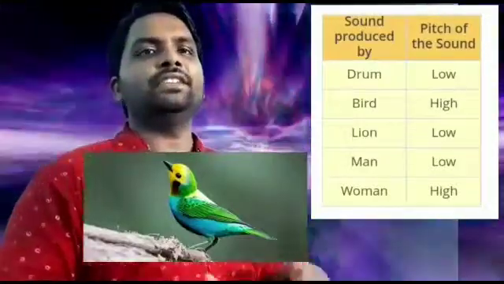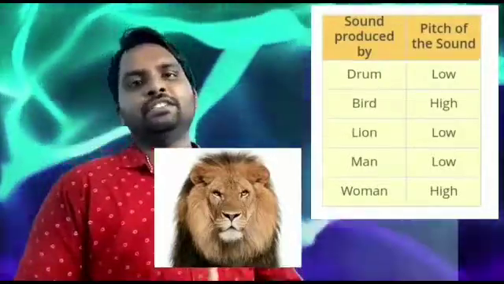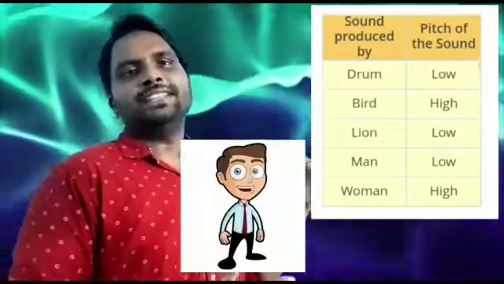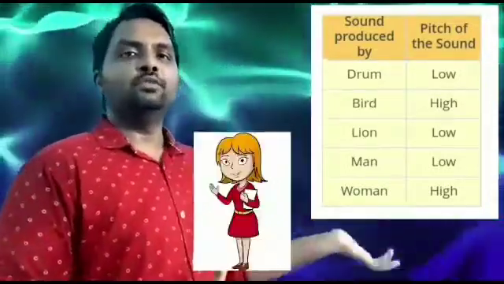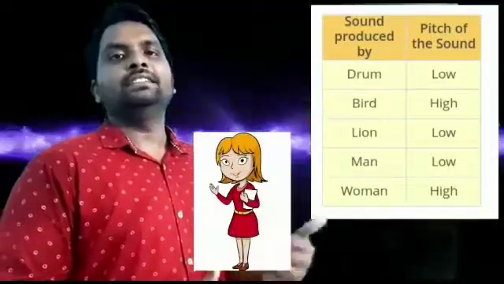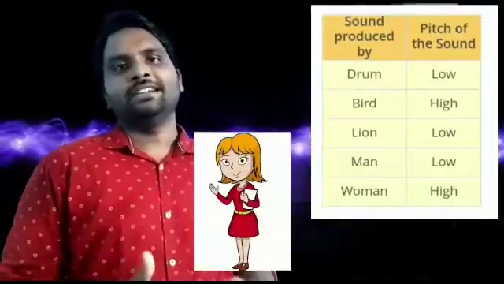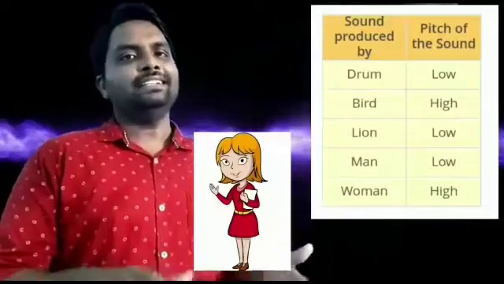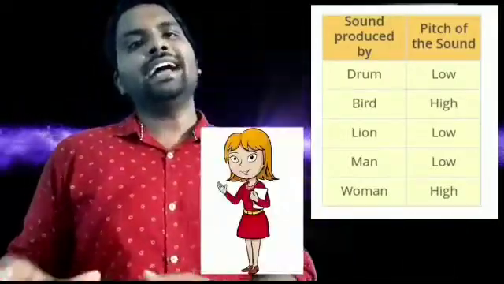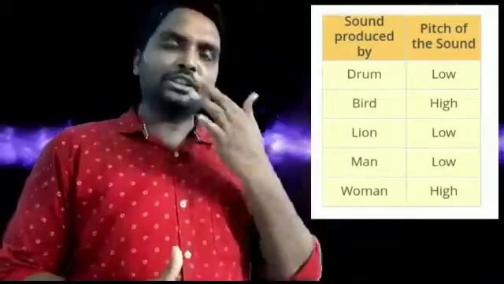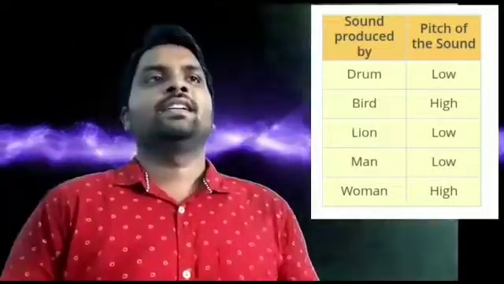If you see a lion, it has a low pitch. The voice of a man has a low pitch, and the voice of a woman has a high pitch. Did you observe? A man has a low pitch voice, and women have a high pitch. These are the examples of pitch of sound.